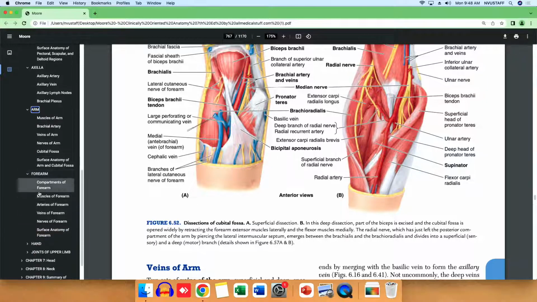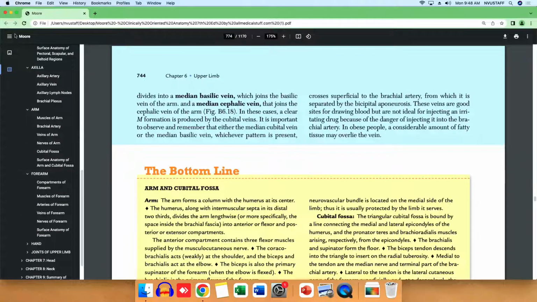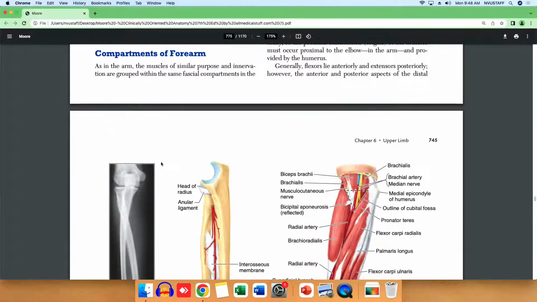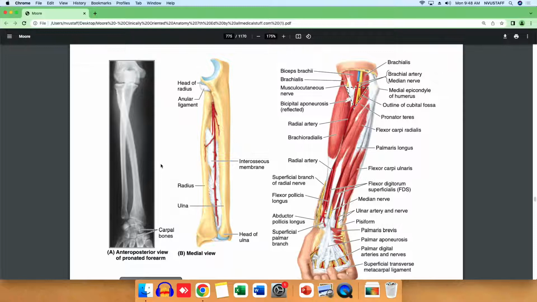As we go towards the next portion, we have the parts of the forearm. Although the forearm looks a bit smaller compared to the arm, like it may be a slender compartment, it's not. According to the amount of muscles that we can find here, it's an enormous amount, which are subdivided into layers even.